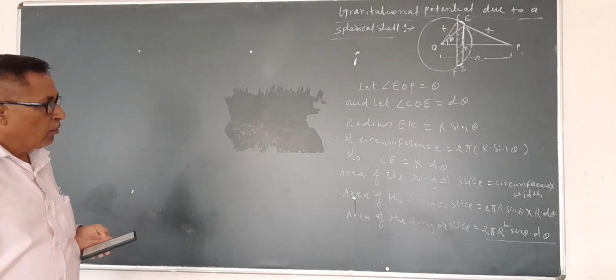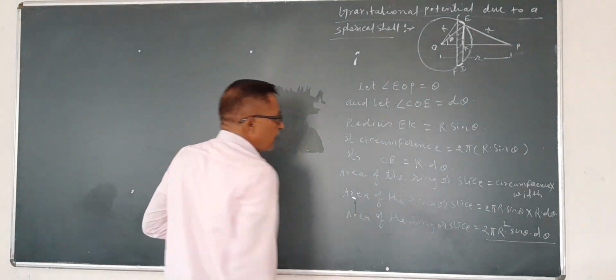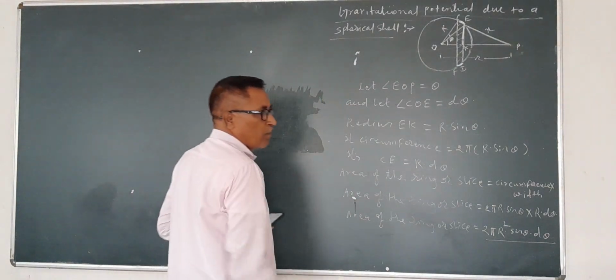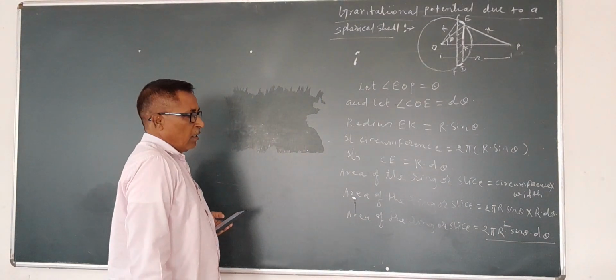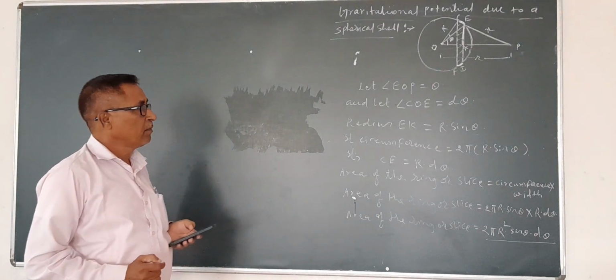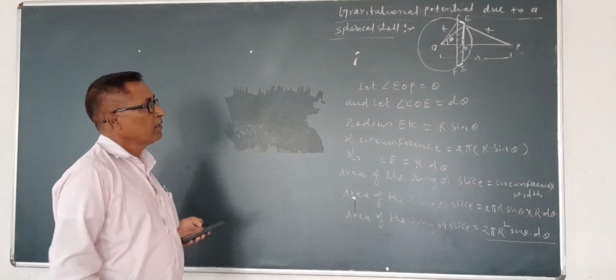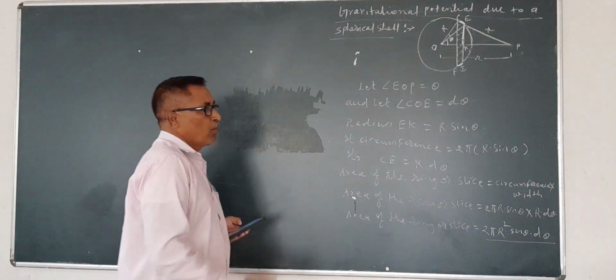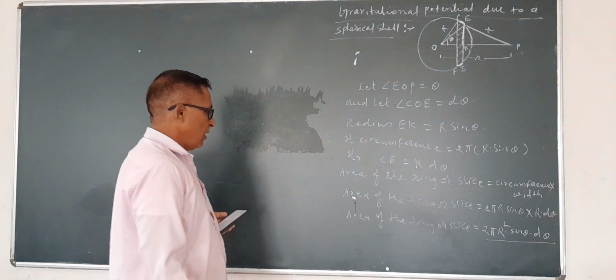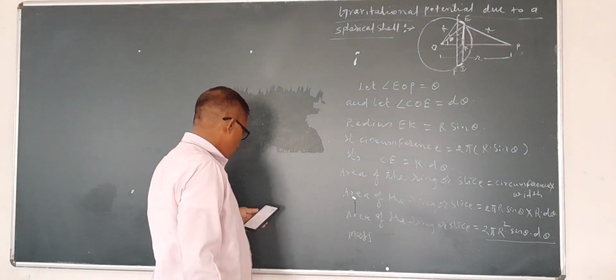Now, from the area we can calculate the mass of this slice or ring, and after that we will differentiate it for the potential.